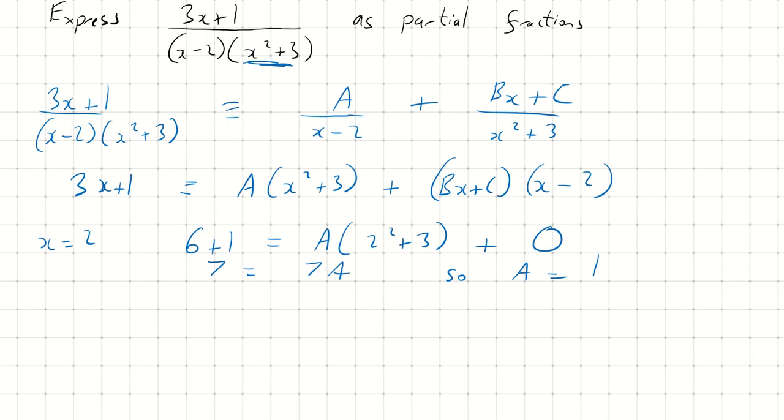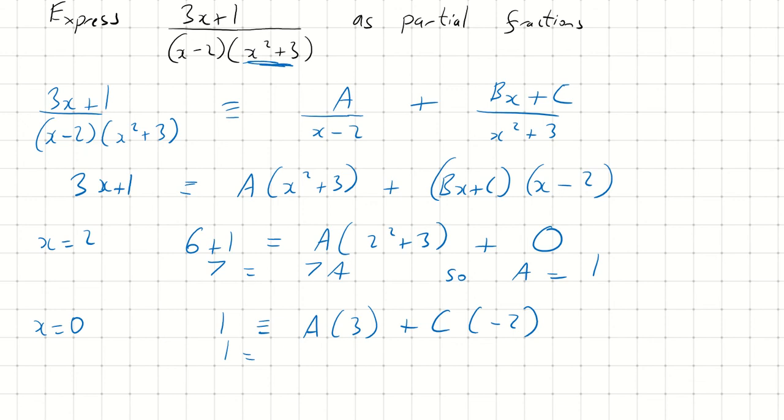Okay, good start. Probably the best thing to choose next is x equals 0, because the bx term will disappear when x equals 0. Let's try x equals 0. The left-hand side gives 3 lots of 0 plus 1, so the left-hand side gives 1, and that's equivalent to a times 3 plus, now the bx is nothing, we just get c times 0 minus 2, so it's minus 2c.